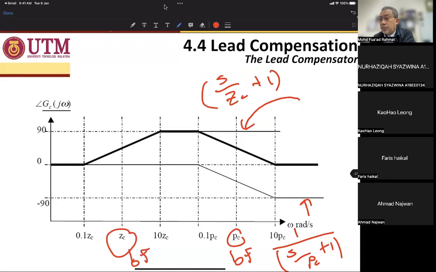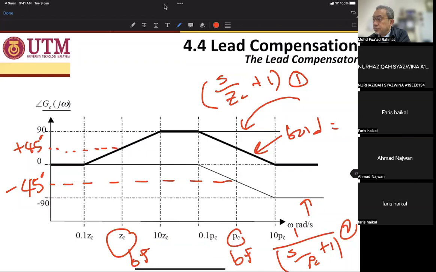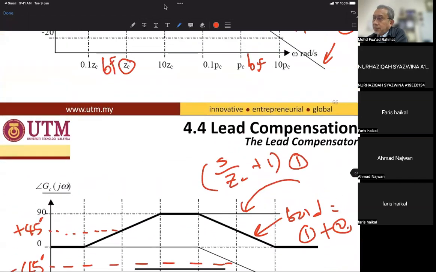ZC corresponds to plus 45 degrees, and PC corresponds to minus 45 degrees. And the total is here between 1 and 2. So the bold one is the frequency response for the lead compensator.